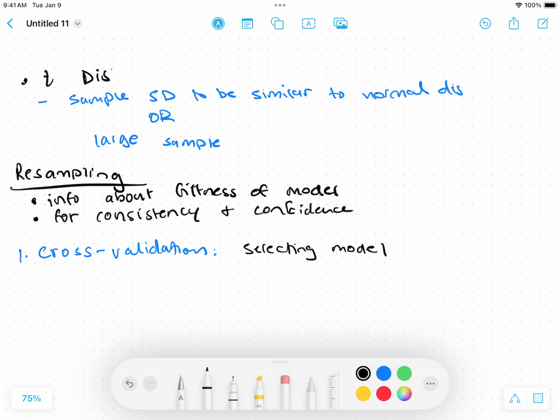And it's also used for assessing the performance of the model. And this can be done, for example, by test errors, right? Because if the test errors are low, then we know that our model is not necessarily performing well.